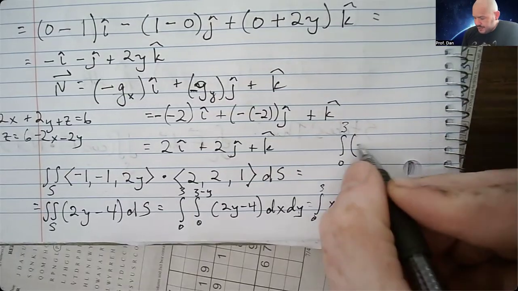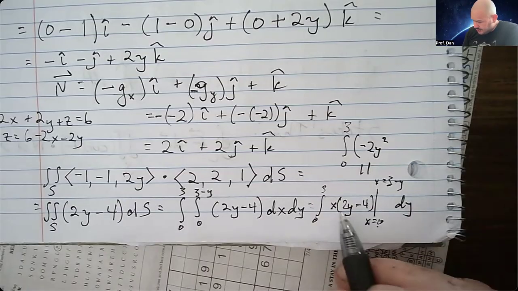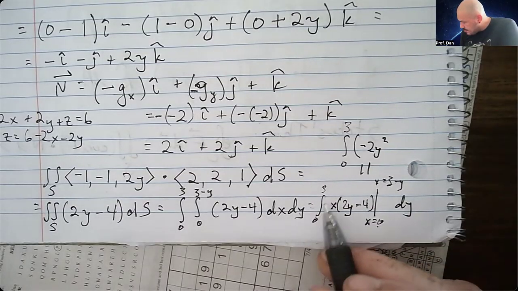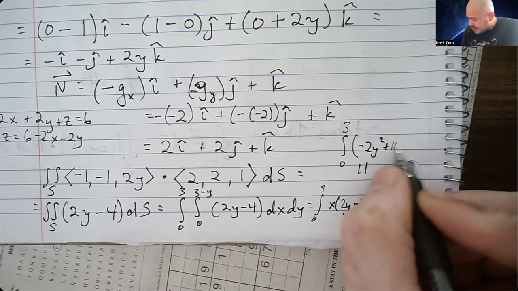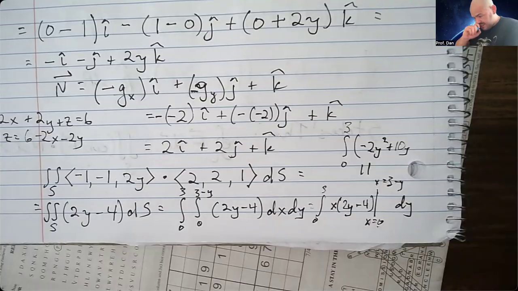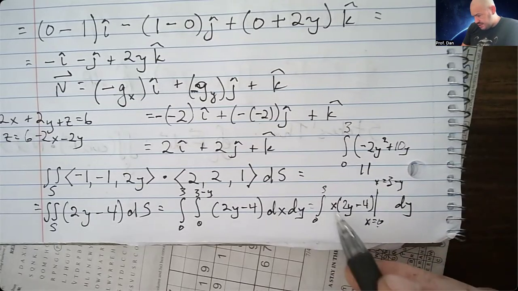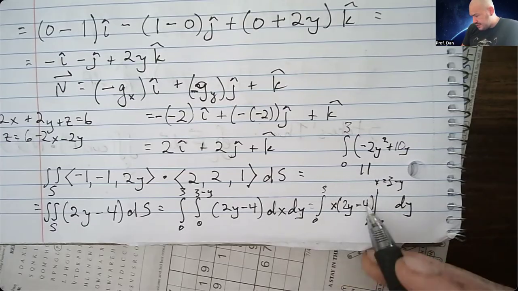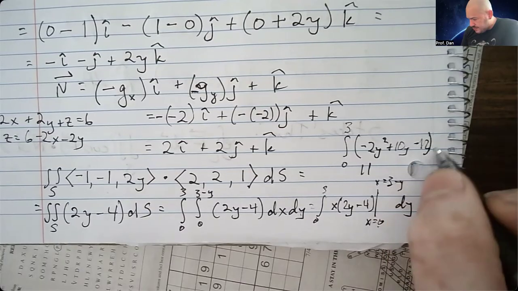I know we're going to end up with negative 2y squared, right? And then cross terms, we get plus 6y and plus 4y, so plus 10y. And then the constant term, 3 times negative 4, we get negative 12 dy.